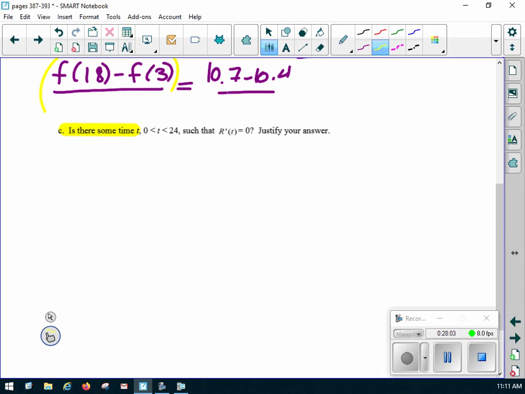Is there a value? What that screams to you is use a theorem. Do you notice it doesn't ask us what t is? It just says, is there a time? Now look at the information that we're given. We want to know this.